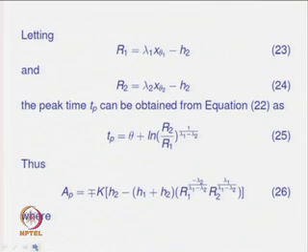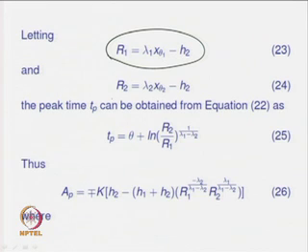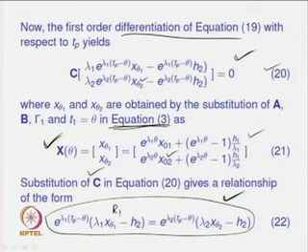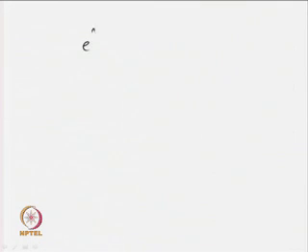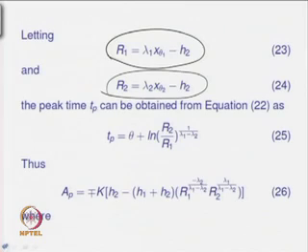So, I will try to find the expression for Tp with the assumption that R 1 is equal to lambda 1 x theta 1 minus h 2 and R 2 is equal to lambda 2 x theta 2 minus h 2. The parts we have within the parentheses are written as R 1 and R 2, giving us an expression of the form e to the power lambda 1 (Tp minus theta) R 1 is equal to e to the power lambda 2 (Tp minus theta) R 2, because we have assumed that R 1 is equal to lambda 1 x theta 1 minus h 2 and R 2 is equal to lambda 2 x theta 2 minus h 2.